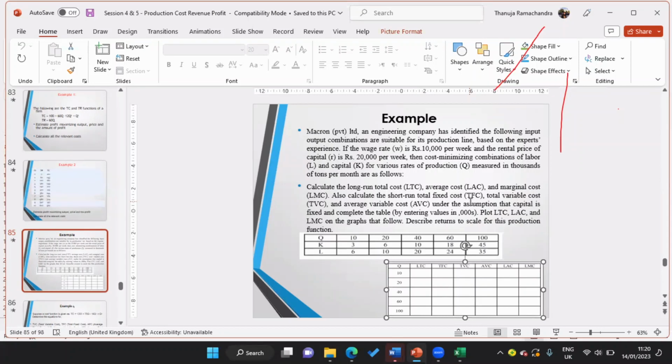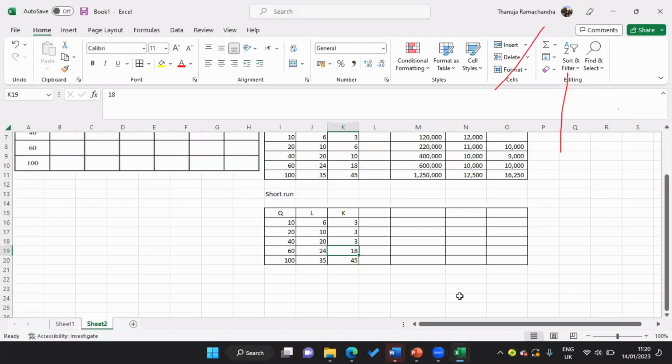There is an assumption that capital is fixed. Capital remains the same, no? So 3. So we calculate the total fixed cost.